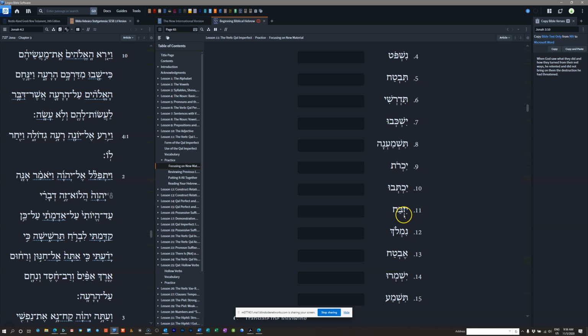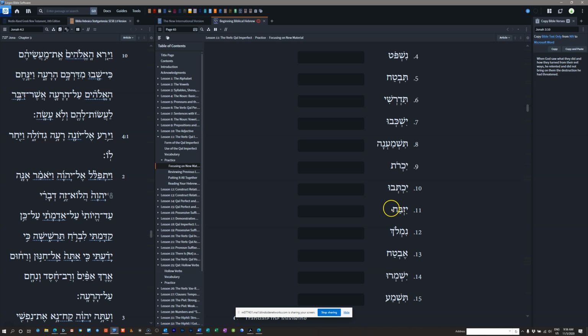Number 11, yizbach. I see my yod prefix. I'm left with zavach. Zavach in the Qal perfect 3ms is he sacrificed or he slaughtered. Yizbach would be he will sacrifice or he will slaughter. You'll note here that zavach gets a patach theme vowel rather than a holem theme vowel, which is the paradigm that we learned.